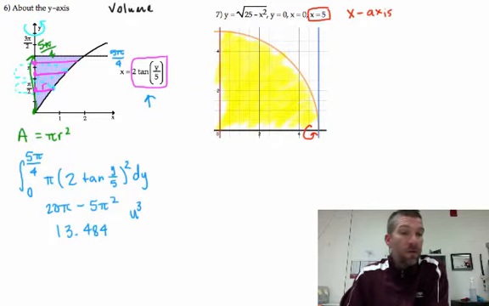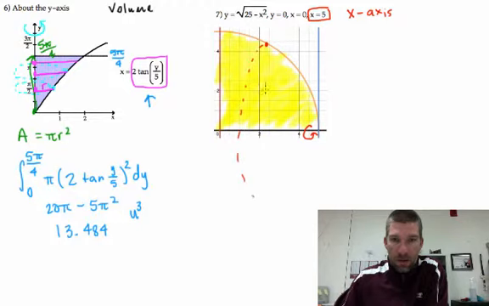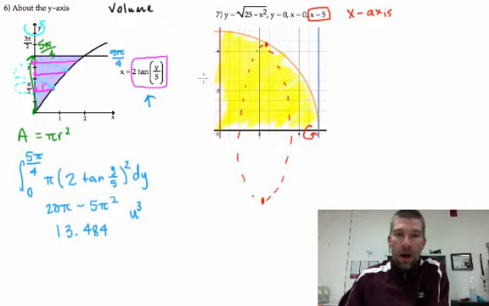And when we do that, we'll get a volume because we're going to create a 3D shape. So what do we do? Well, if I've got this point right here and I rotate it around the x-axis, it's going to sweep out a circle. And it doesn't matter where I move along this orange colored curve, I will get a circle when I rotate around the x-axis.